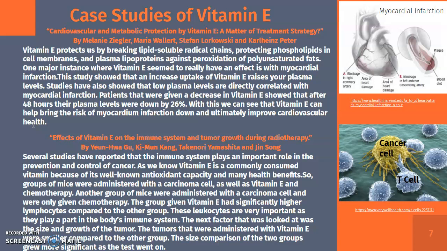Its defense against heart attacks comes with patients decreasing vitamin E consumption having a drop in their blood plasma levels of 26% after only 48 hours. A low blood plasma level correlates with more heart attacks.